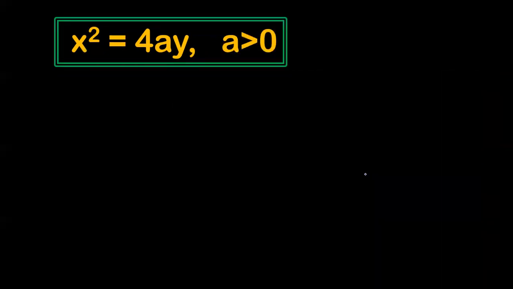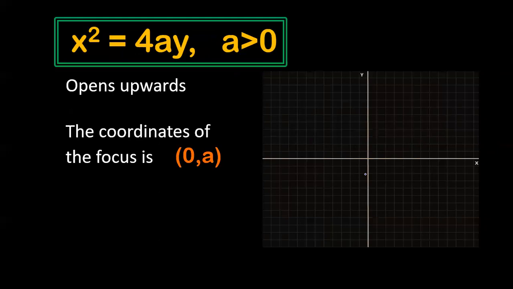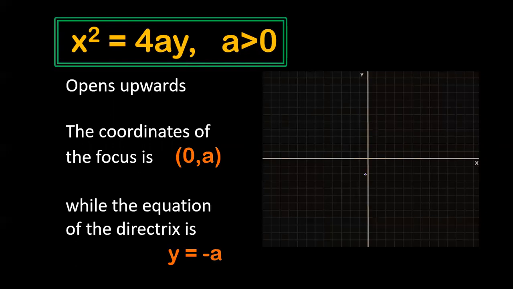In summary, if your equation is x squared is equal to 4ay and a is greater than 0, then your parabola opens upwards. The coordinates of the focus are (0, a), and the equation of the directrix is y is equal to negative a. This is because the distance from the vertex, which is at the origin, to the focus is a units.